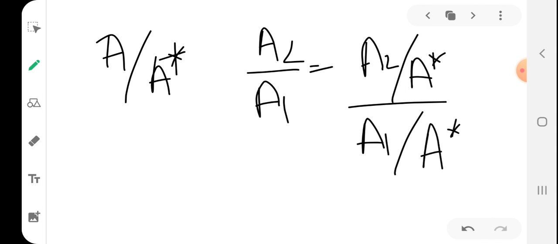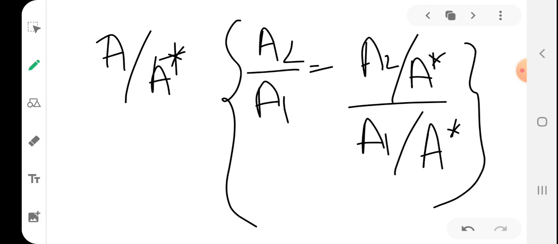This is the crux of the problem, the main crux of the problem. If you apply this equation, A2 by A1 written as A2 by A star by A1 by A star, then you can easily solve the problem. Understanding this particular idea, the problem is over.